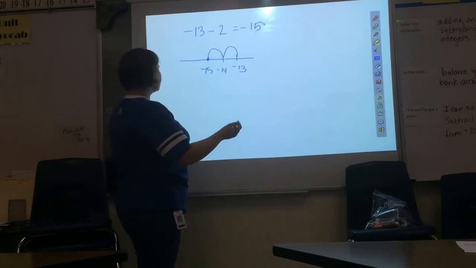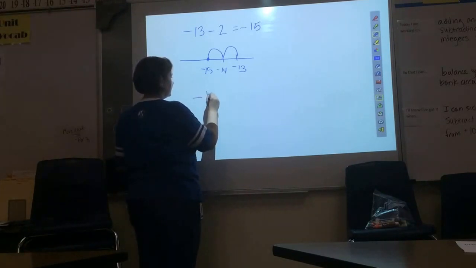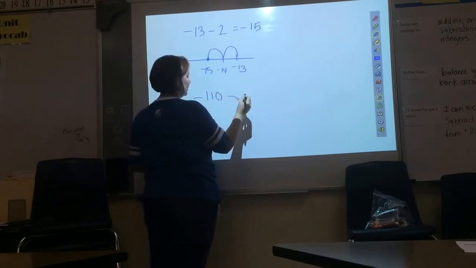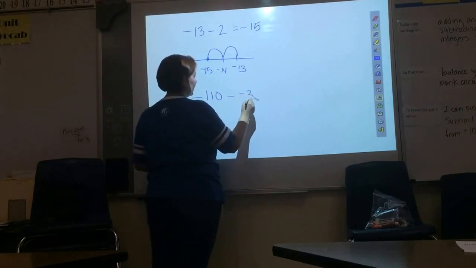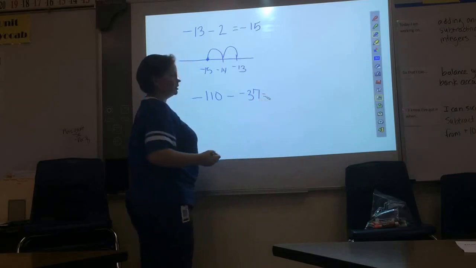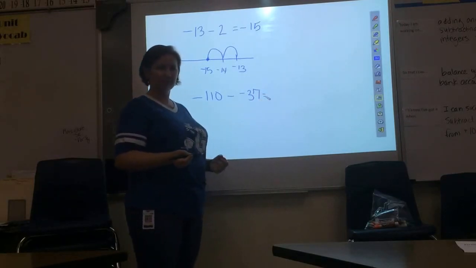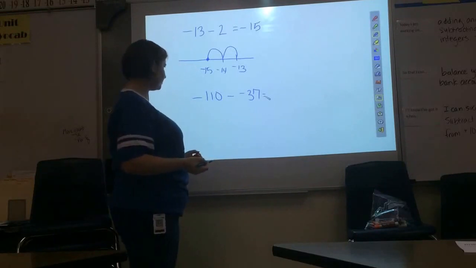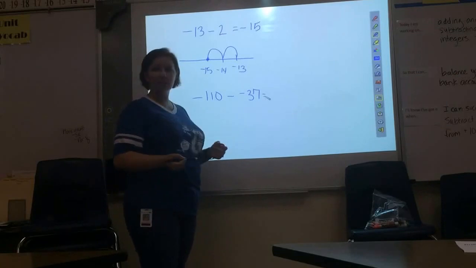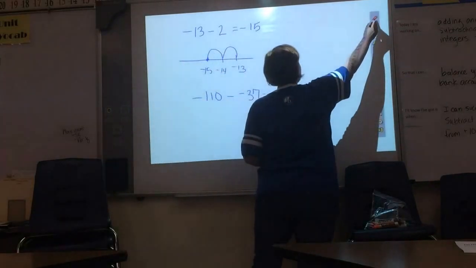But what if I had something like negative 110 minus negative 37? I don't really want to draw a bunch of circles. But what I can do, if you remember, is keep, change, flip.